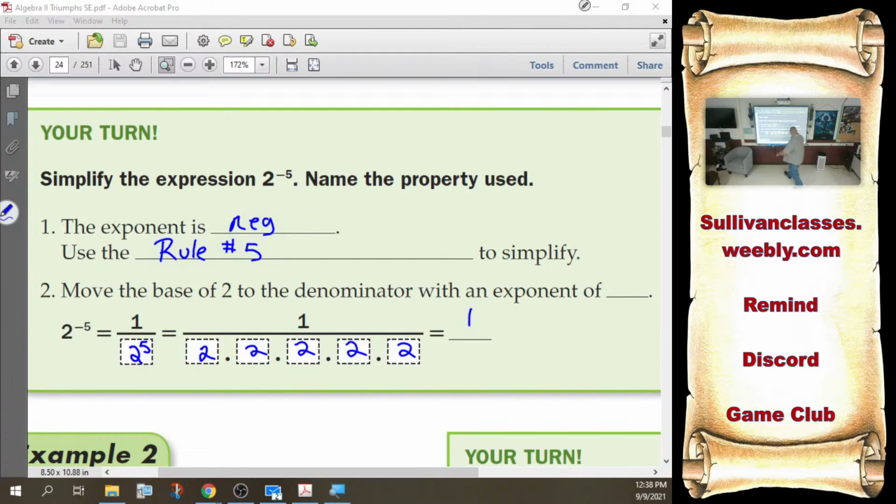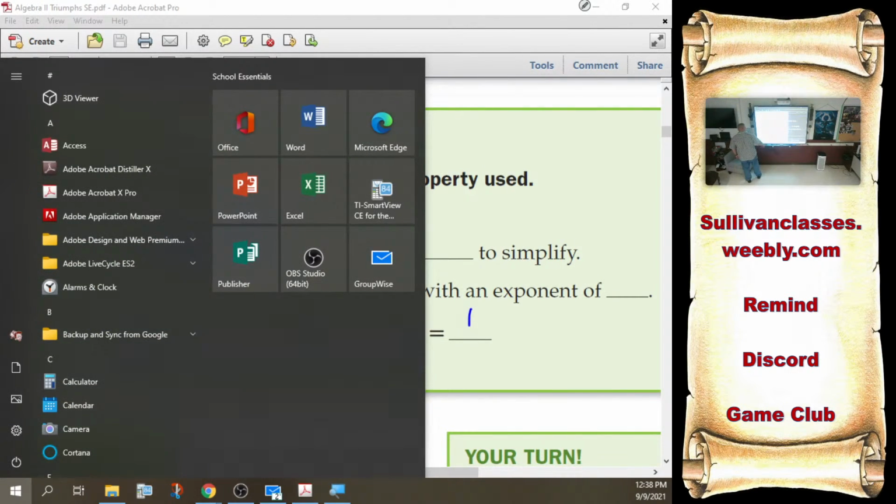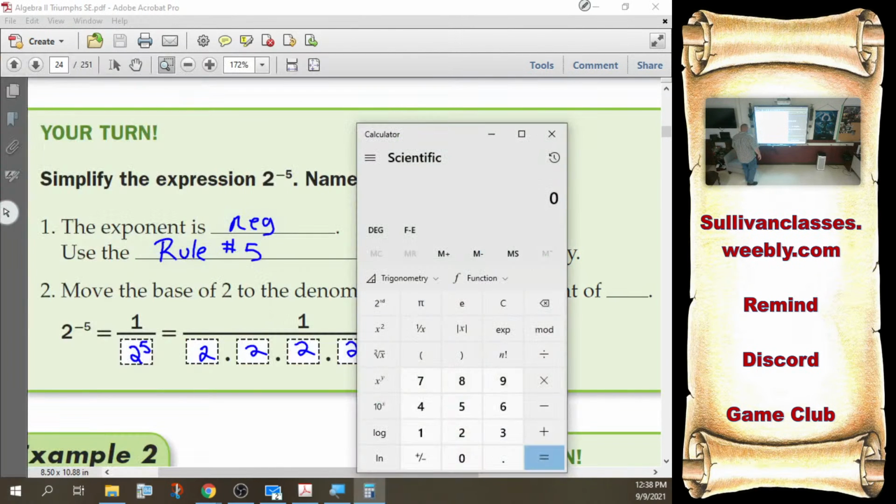Okay, I'll even use the calculator on the screen here. There we go. 32. Right? Now I can just keep smashing together a bunch of 2's, or I got a little exponent here, to the 5th. Okay? Let the calculator do the work for you.